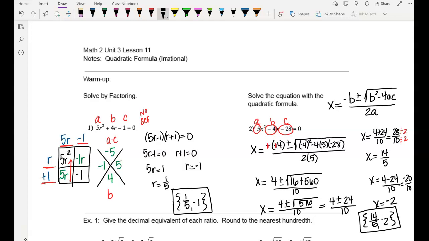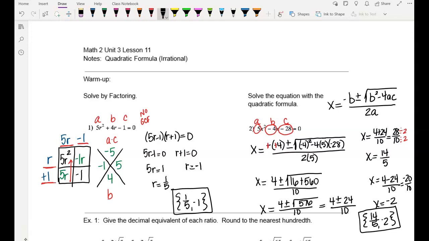Now, the good news is the main part of this lesson, we're still using the quadratic formula, it doesn't change. Where this one gets harder is we're now going to get into irrational answers. Everything we did on Monday was rational answers, so we ended up with a perfect square under that radical sign. That is not going to happen today.